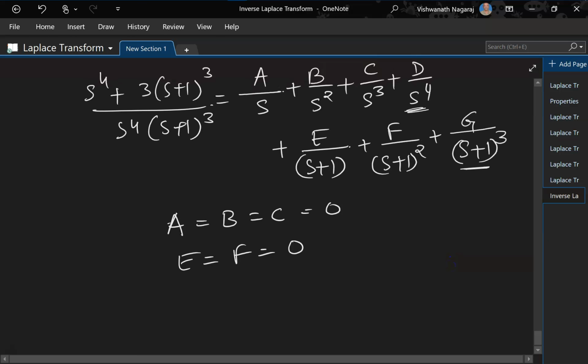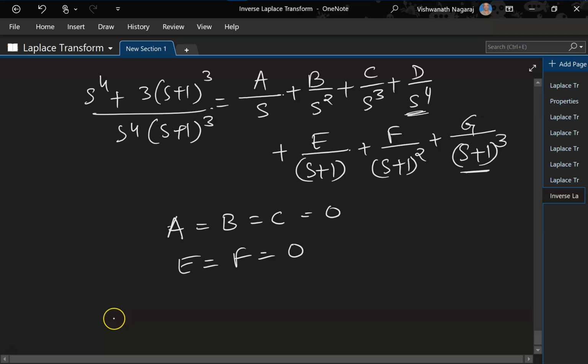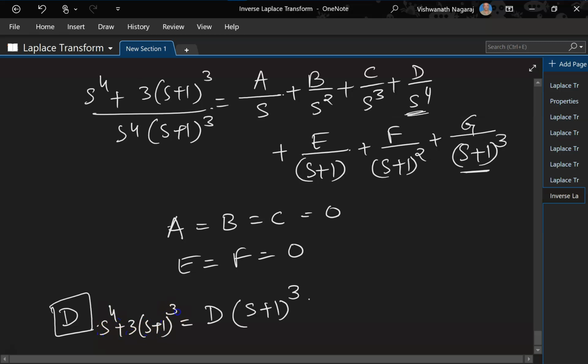So the only thing we have to figure out is d and g. Now here, as far as d is concerned, we are focusing on d now. So we will end up with d times, if we add up all these, s^4, s square, s cube we can ignore, (s + 1) cube is equal to (s^4 + 3s + 1) cube, right?